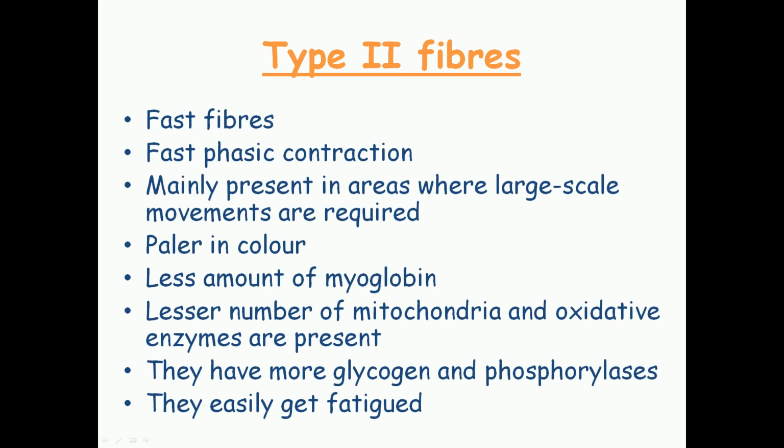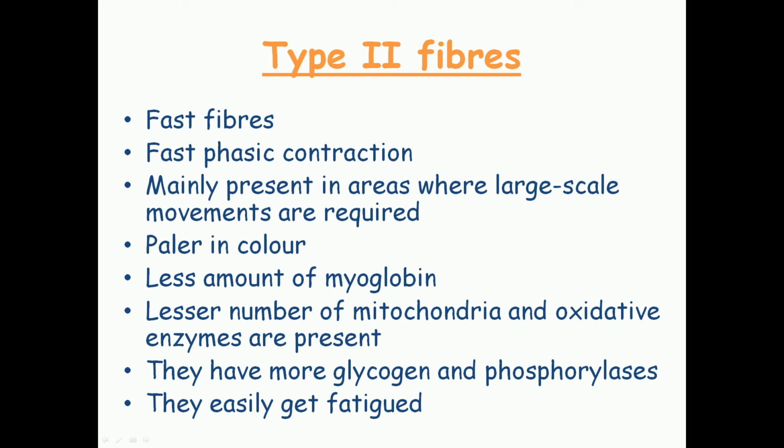The type 2 fibers are known as fast fibers because they undergo fast phasic contraction. They're mainly present in areas where large-scale movements are required. They are paler in color because they have less myoglobin.